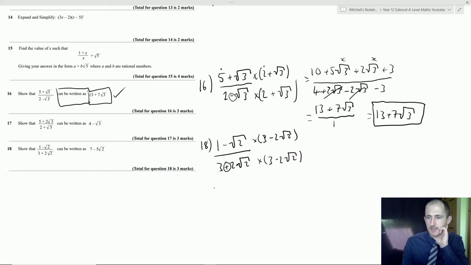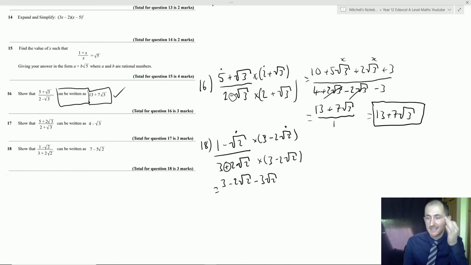So let's go. 1 times 3, 3. 1 times minus 2 root 2 is minus 2 root 2. Minus root 2 times 3 is minus 3 root 2. Minus root 2 times minus 2 root 2. Okay, so let's actually go through this. This root 2 times the root 2 will give me 2.